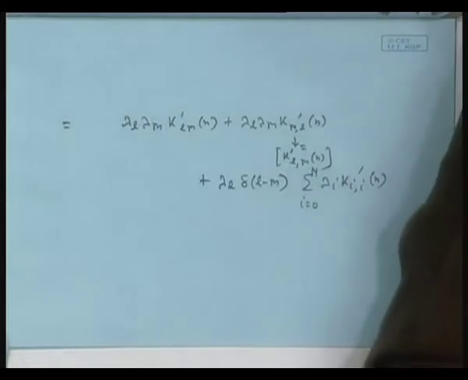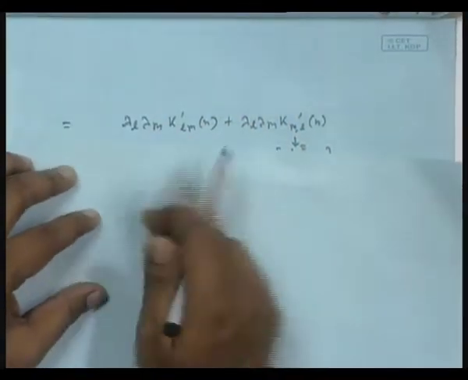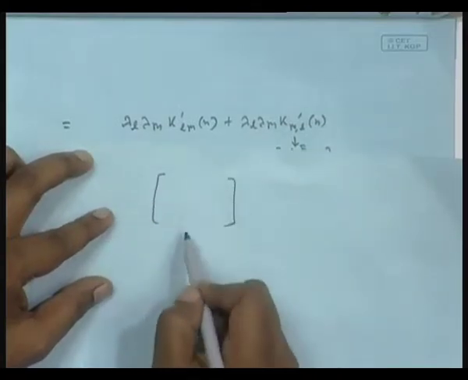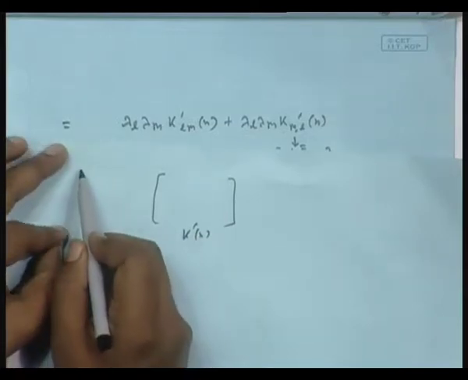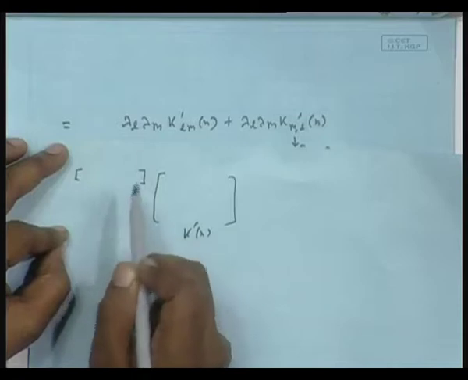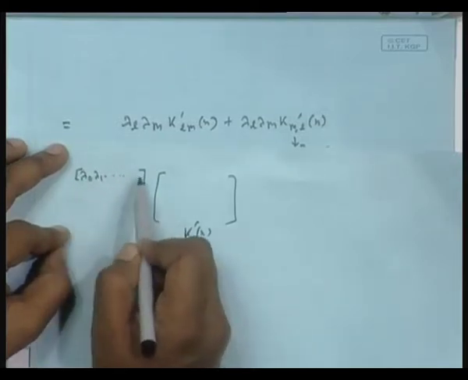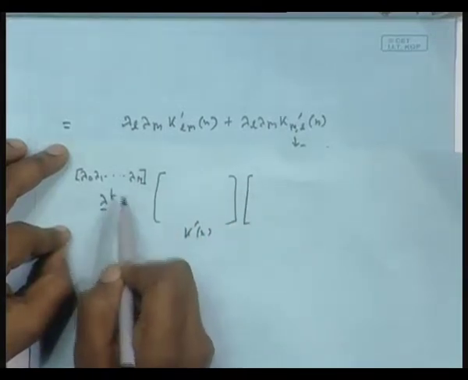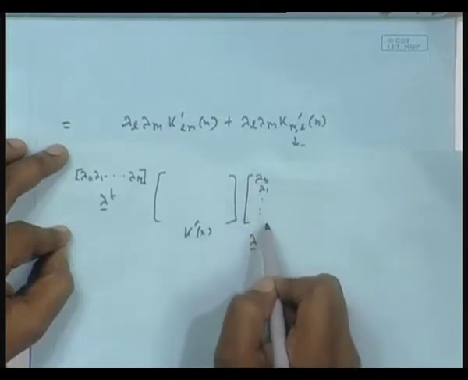For your sake, let me work it out on another piece of paper. Say, what is this quantity? Suppose you have k prime n.